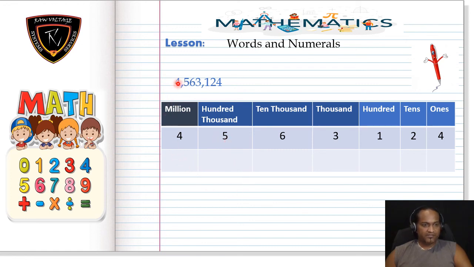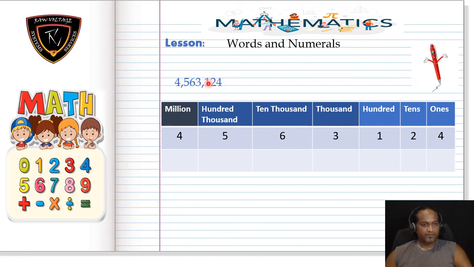Okay, so this 4 here is 4 million, and these are 100,000s, so you read this together, it will be 4,563,000, because we read it together, 124. So you read it as 4,563,124.